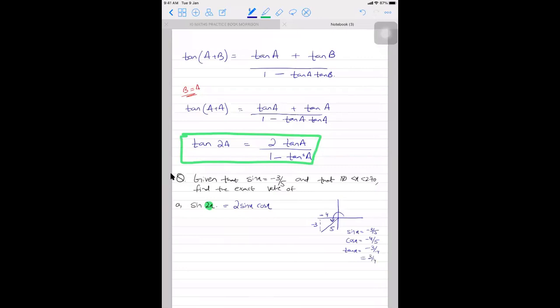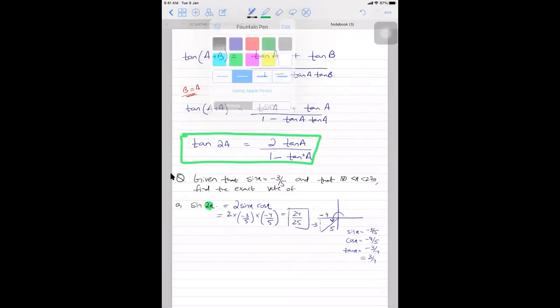So these are the trigonometric ratios that we are going to use. So sine 2x is equal to 2 sine x cos x. So 2 times sine x, which is negative 3 upon 5, times cos x, which is negative 4 upon 5. So are we getting 24 over 25 now for the first part?